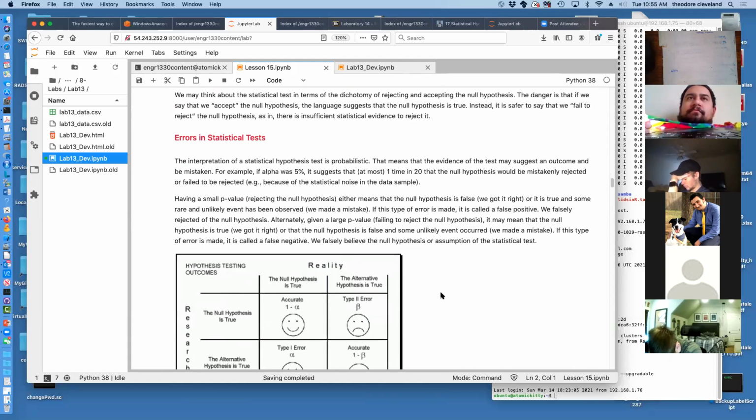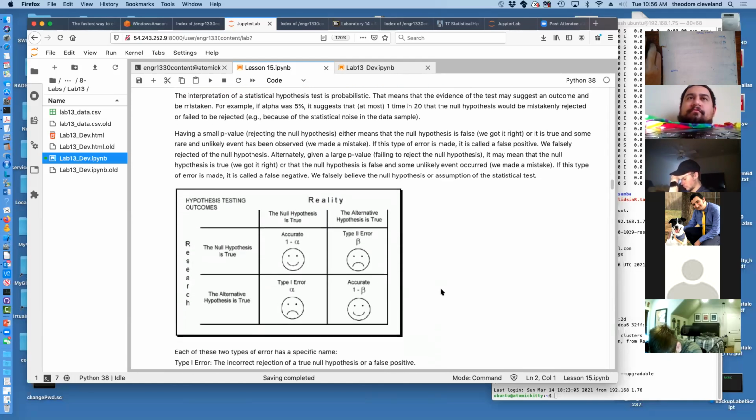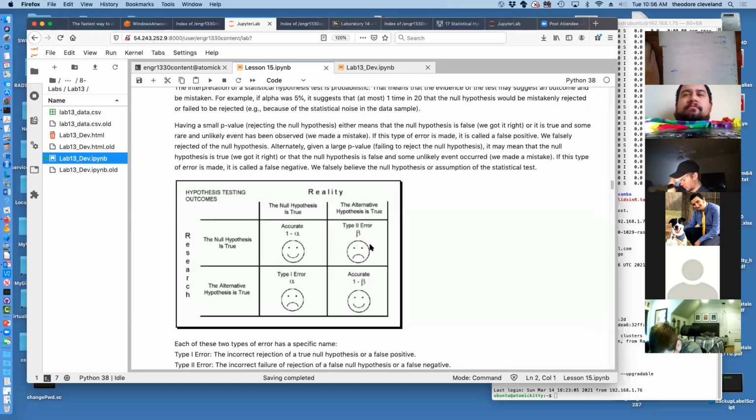These categories of mistakes are called errors, and there are 2 types of them. One of them is a type 1 error, the other one is a type 2, and normally the probability of a type 1 error is our value alpha that we've pre-selected, and the probability of a type 2 error is our value beta, which is determined from the particular test.